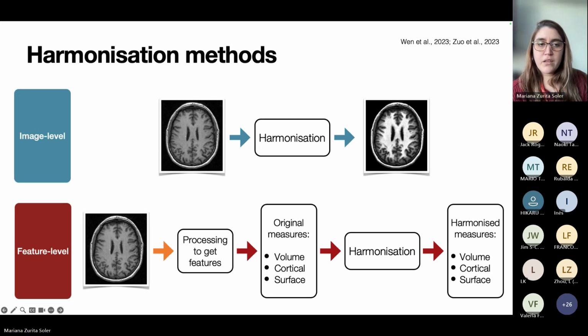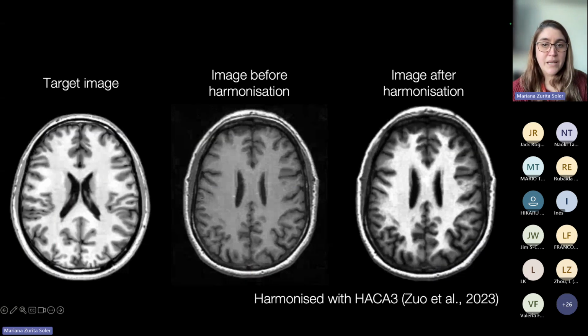I just want to show you one example of a harmonized image. We're going to talk about one method called HACA3. The image on the left is the original target image, the image we have before harmonization. You can see, for instance, that the intensities of the image are quite different.